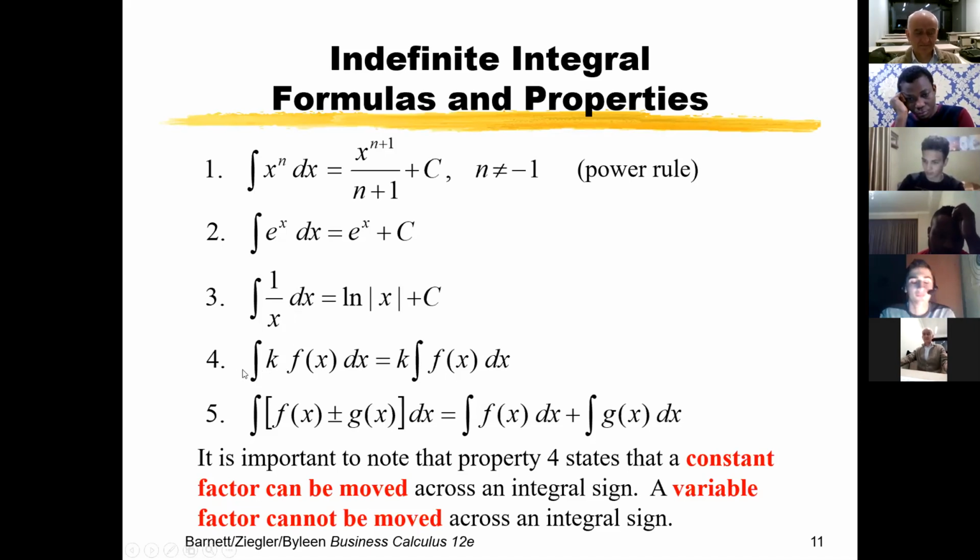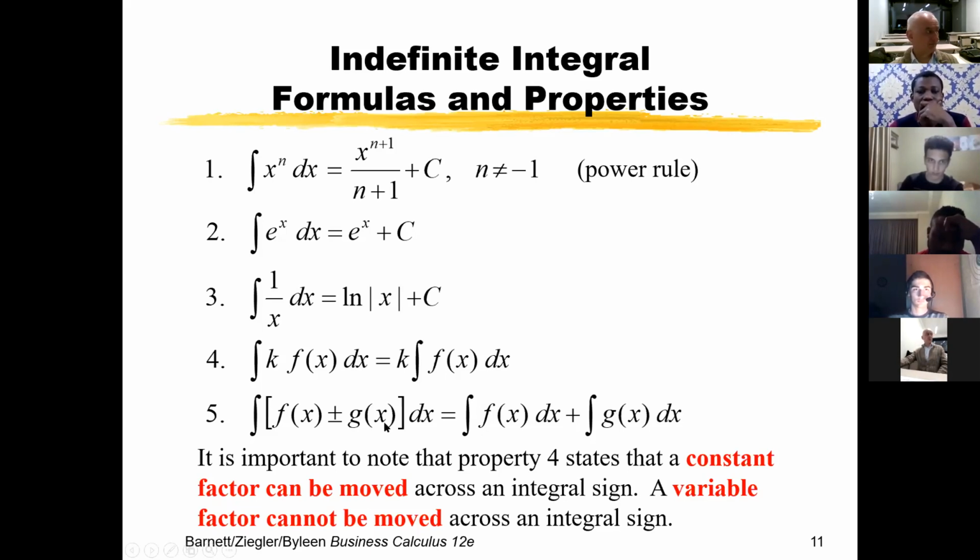The next formula: k is a constant, and a constant we can move out of the integral sign. The same property we have in the case of derivatives: a constant we can move out across the derivative sign.